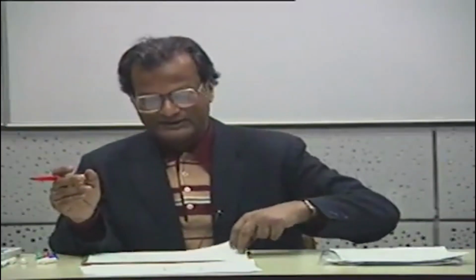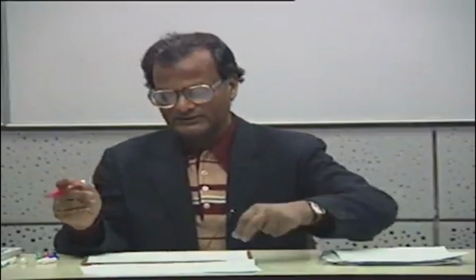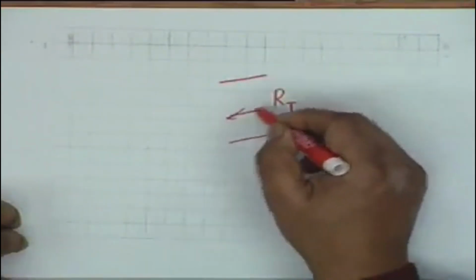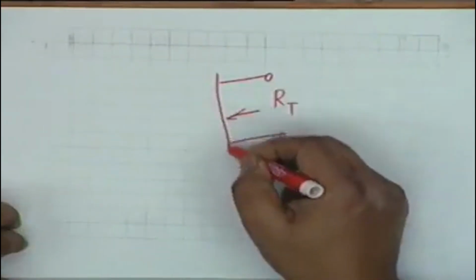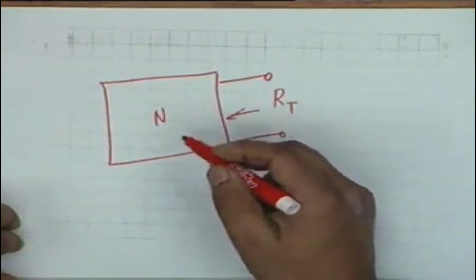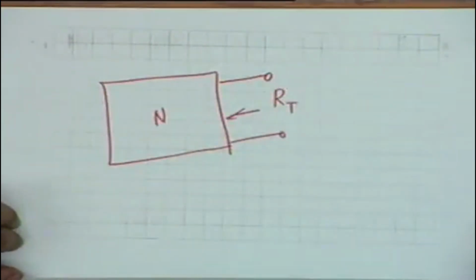And the important point that we are mentioning is that in finding RT, the Thevenin equivalent resistance, as I said, it is the resistance looking back into N, the network which you are trying to replace, with the following modifications.